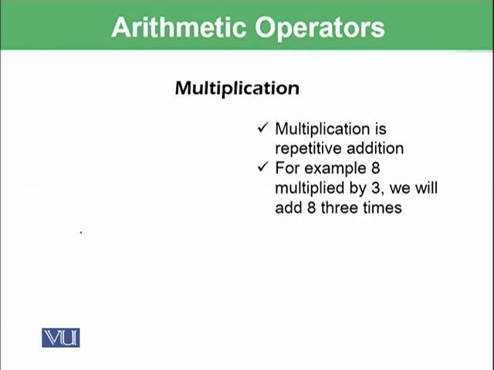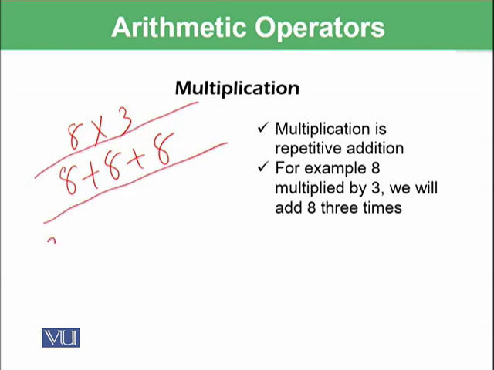And then what about the multiplication? Multiplication is a repetitive addition. For example, if we want to multiply 8 with 3, what we can do is 8 plus 8 plus 8. So this would be the multiplication of 8 and 3. Or alternatively, we can also do 3 plus 3 plus 3 plus 3 plus 3 plus 3, 8 times: 1, 2, 3, 4, 5, 6, 7, 8.